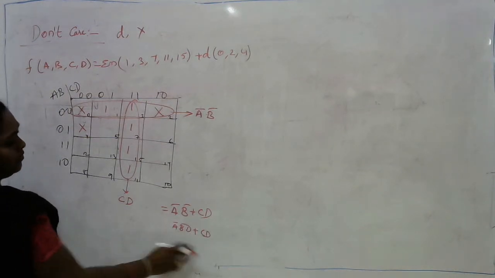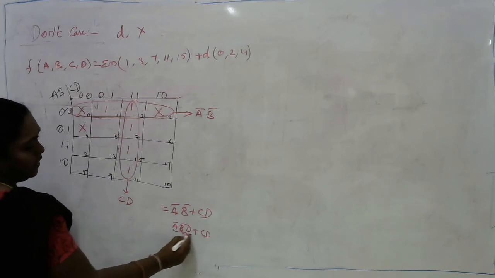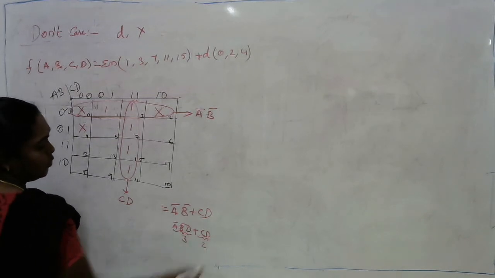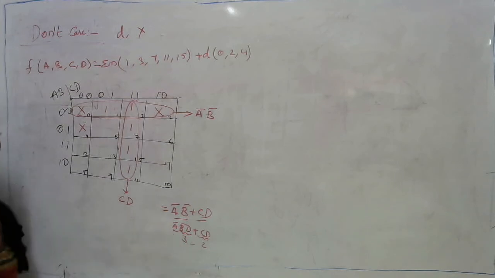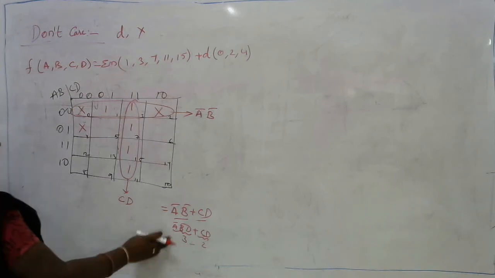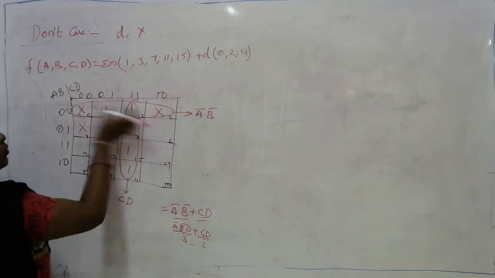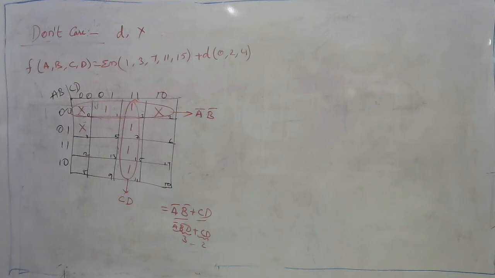In this case it has 3 variables, while here I will have 2 variables. Even though the number of terms is the same, I would get more variables. That is the reason I consider these don't cares as minterms, and I can minimize the expression. This is how to simplify the given expression using the don't cares.